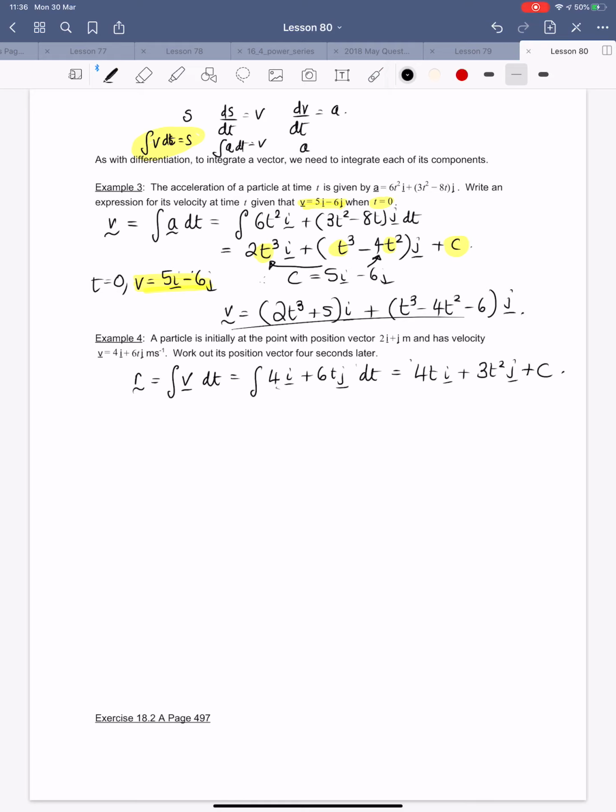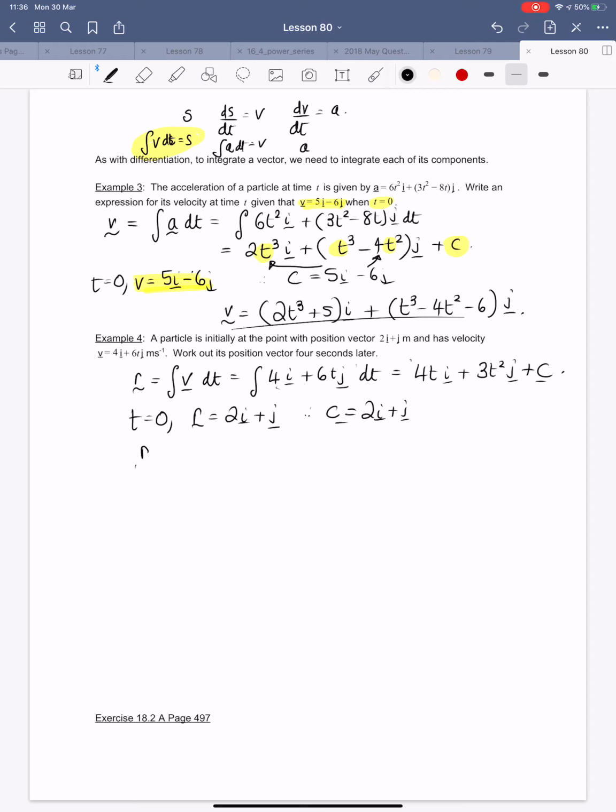A particle is initially at the point with position vector 2i plus j. So t equals 0, r is 2i plus j. So therefore c is 2i plus j.